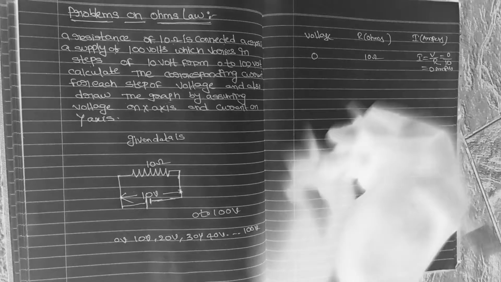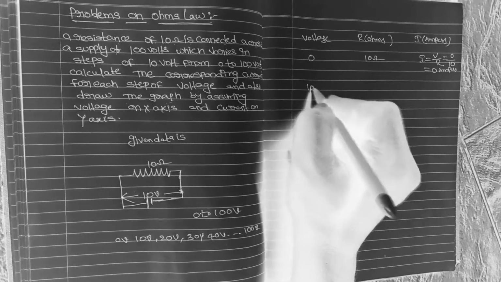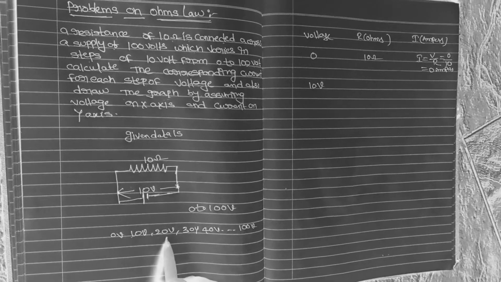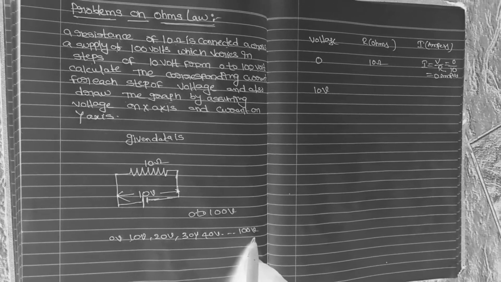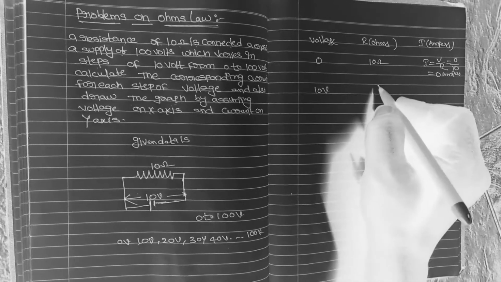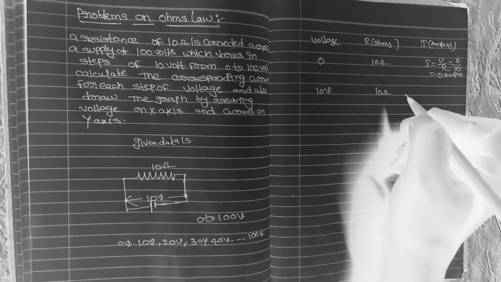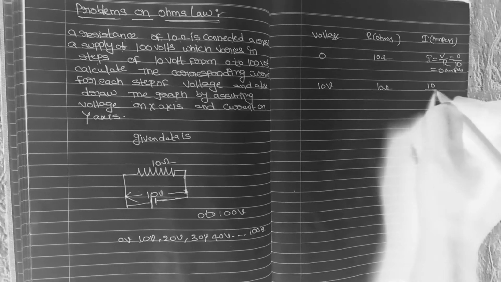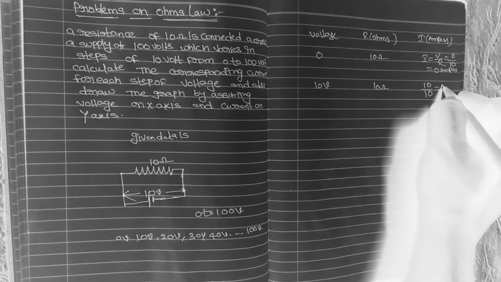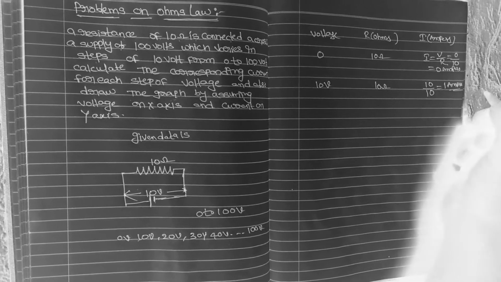Next, for example, 10 volts. The voltage varies from one value to another up to 100 volts, and the resistance value is fixed. So I is equal to 10 by 10, which is 1 ampere.